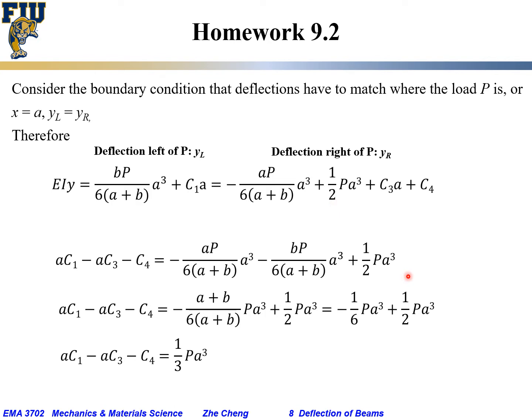Then we would simplify half PA cube we keep, and these two terms, when we add them up together, the denominator is the same. The numerator we put P commonly at the end, A cube commonly at the end, and then we have A plus B, and A plus B would cancel. The result would be minus 1 over 6 PA cube plus half of PA cube, and then you add them up together would be 1 over 3 PA cube.